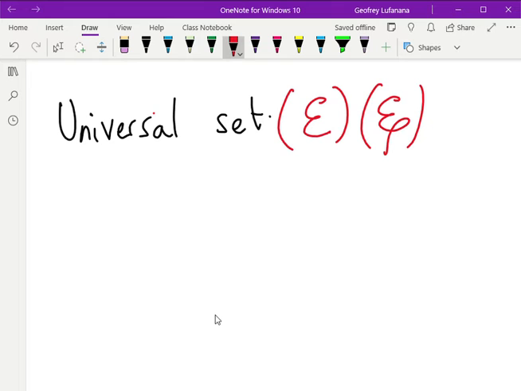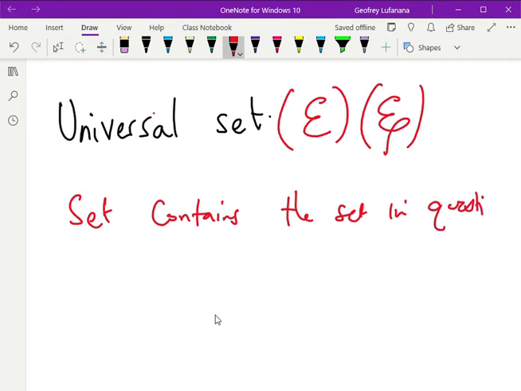Now, a universal set depends on the scenario or context in some cases. So a universal set is basically the set that contains the set in question. So let me give an example.